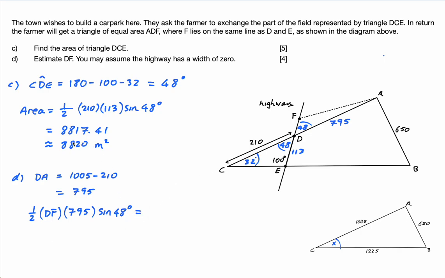now I know this area is equal to this, I'm going to use the unrounded version, 8817.41. Solve this equation. DF is equal to, you could use NSolve if you want, but it's multiply by 2 because of the half here, divide by 795 sine 48 degrees.